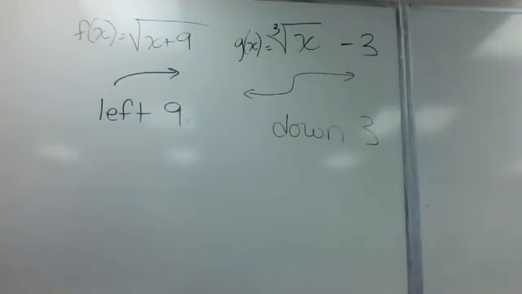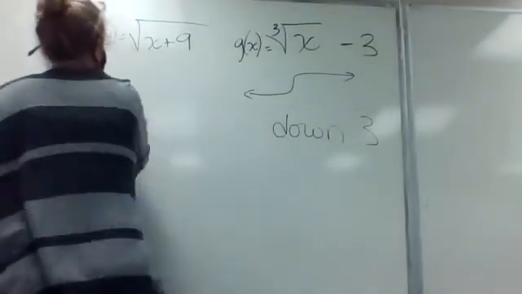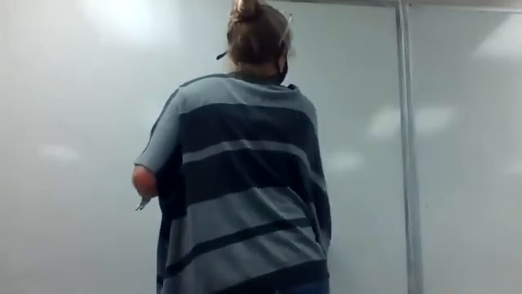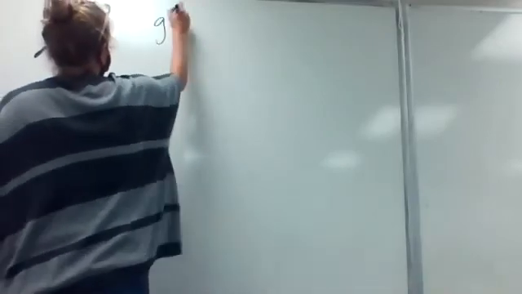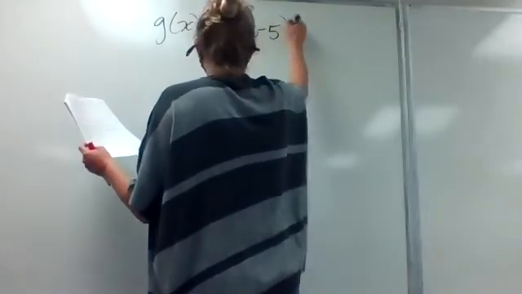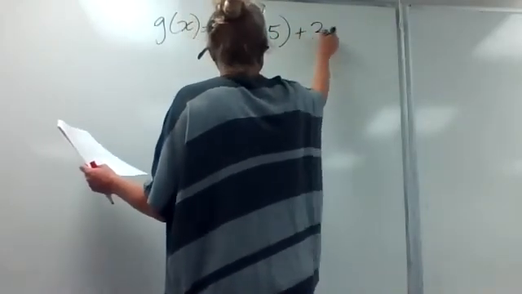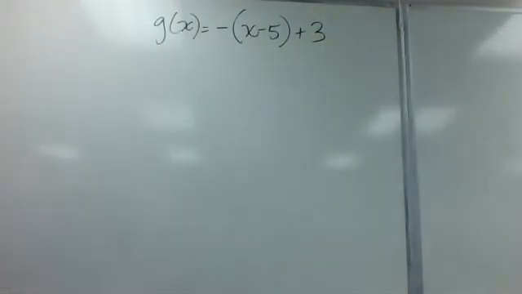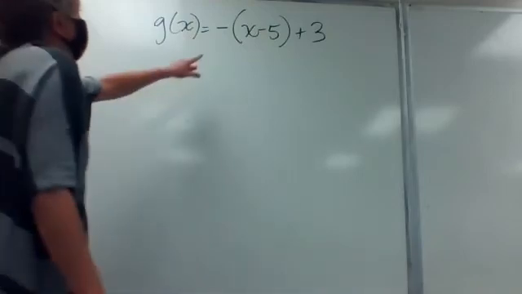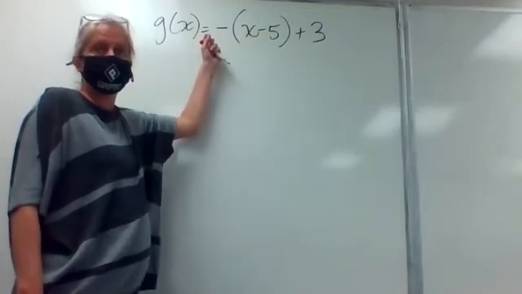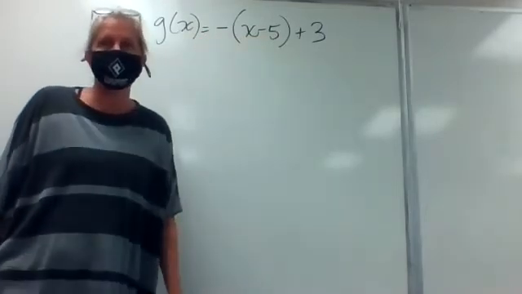And last one. All right, there's no graphing on this one. It just wants you to say what all the movements are. The order you do it is your horizontal shift, then if there's any reflection, and then your vertical shift.